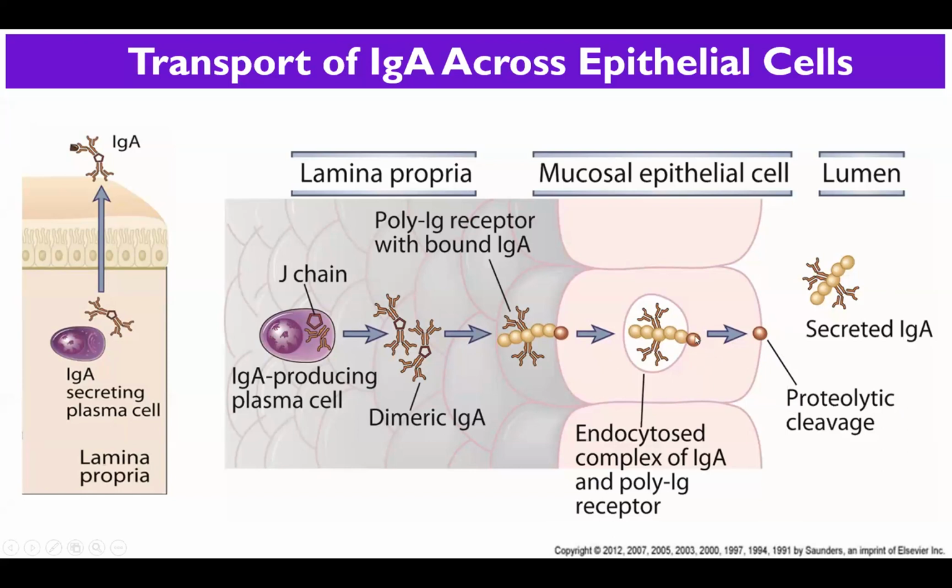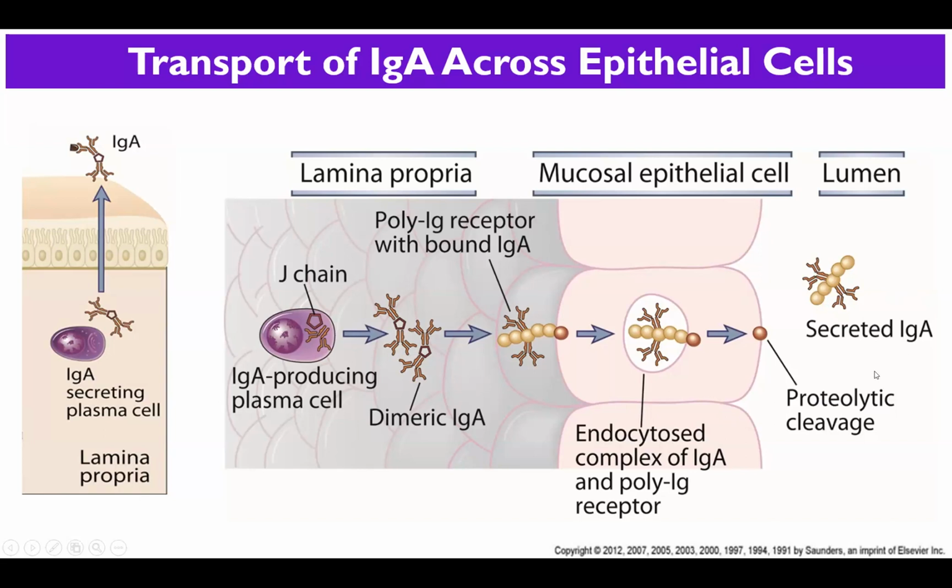You have the leader domain of this poly-Ig that gets anchored on this face of the lumen, and then you have protein cleavage of this domain, and that's how the dimeric IgA is channeled from the lamina propria into the lumen.